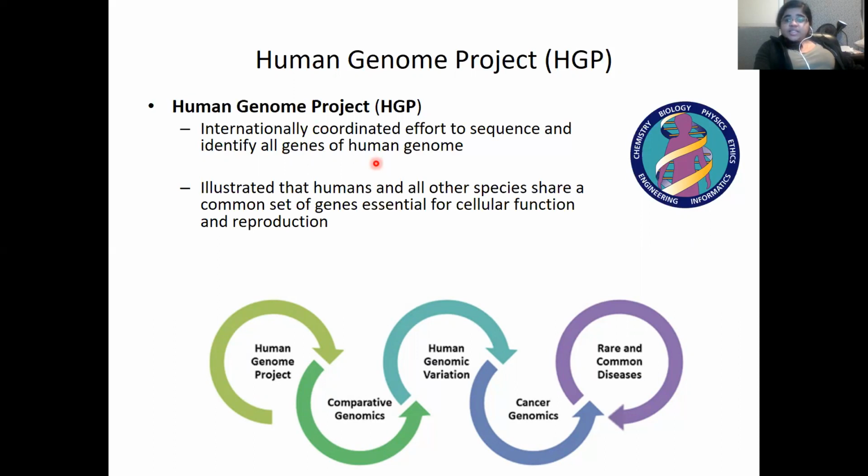This illustrated that humans and other species share a common set of genes that are essential for cellular function and reproduction. And this project actually fueled the discovery of more than 1,800 disease genes.